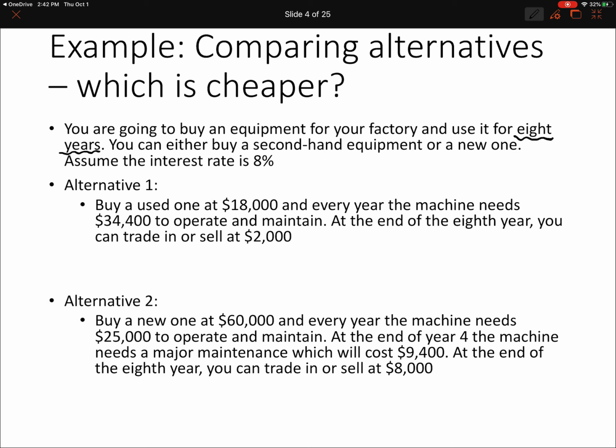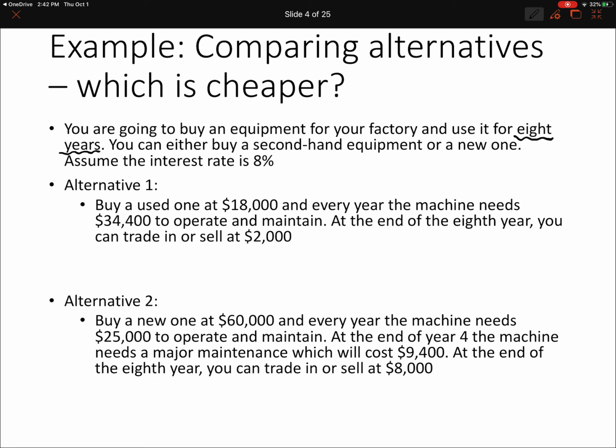If you buy a second-hand one, your initial payment could be cheaper, but during the lifetime of that equipment, it might need more maintenance because it's already been used by someone else. So it's easier to get broken, and you might need to spend more every year to maintain, check, and repair it, compared to a new one.